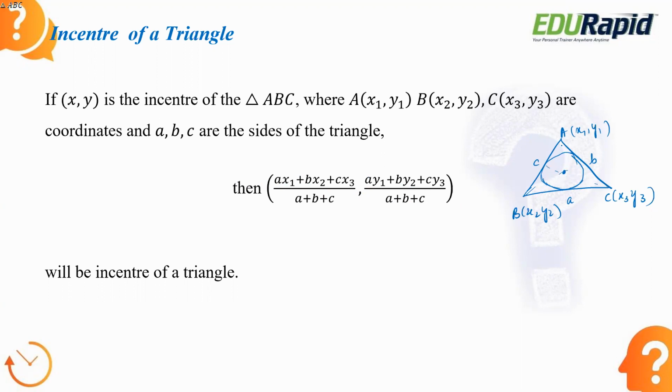You can refer to your previous chapter, where you have a figure for the incenter. These formulas are very important, so please note them down. That is (a x1 plus b x2 plus c x3) by (a plus b plus c), and (a y1 plus b y2 plus c y3) by (a plus b plus c) will be the incenter of a triangle.